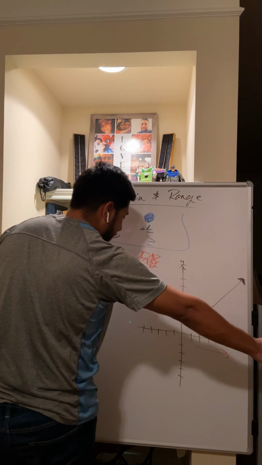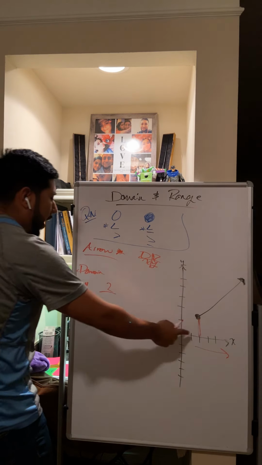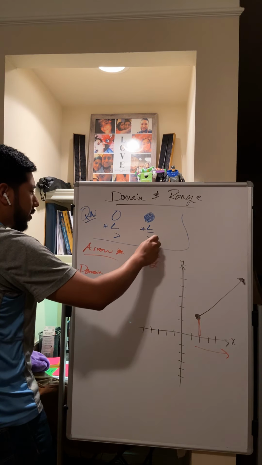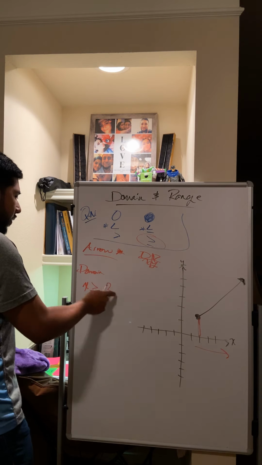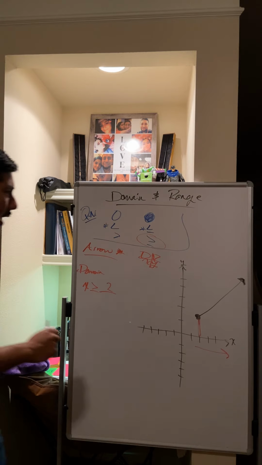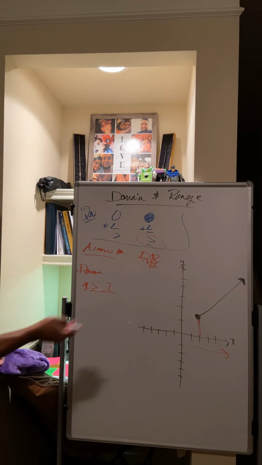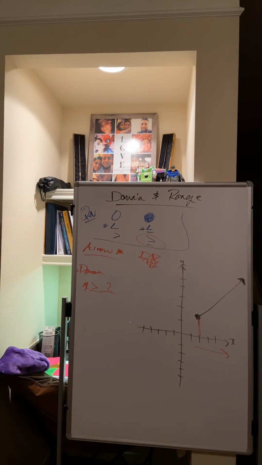So it's going toward the positives, so the numbers are getting bigger. Since the numbers are getting bigger and it's a closed circle, I use greater or equal to. So x is greater or equal to. That's the only time that you have to use the greater than sign. Other than that, if it's two points, boom, use less than.